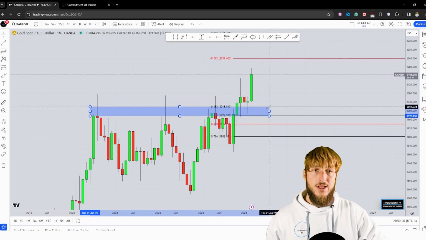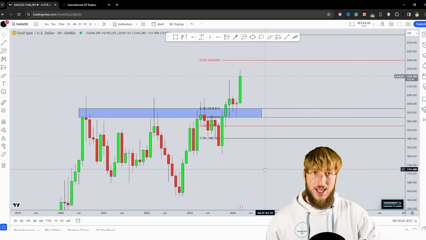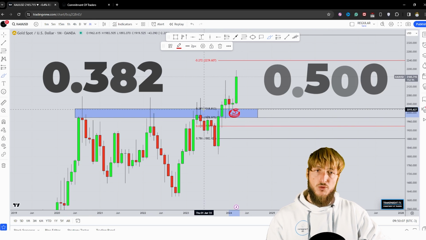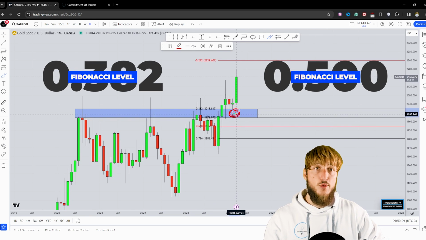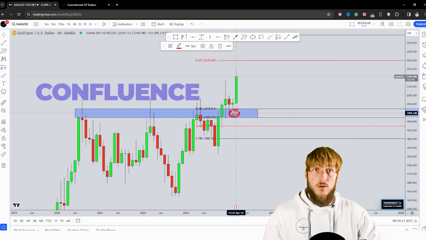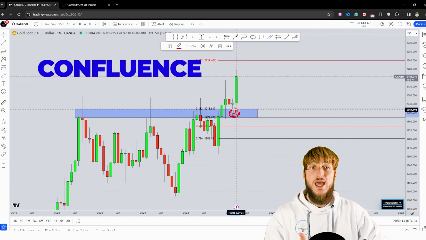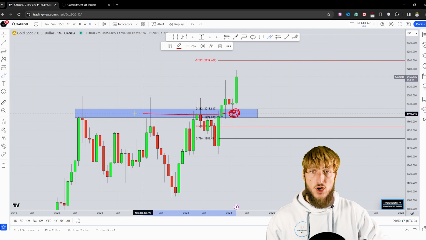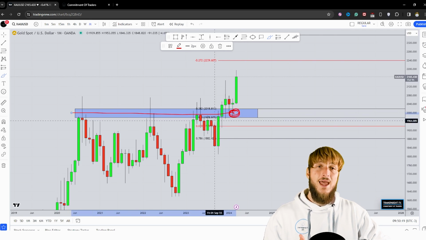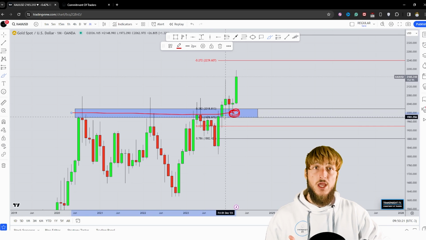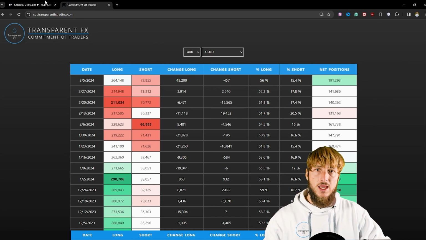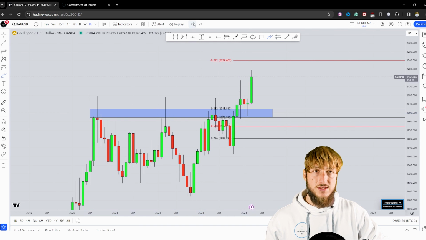And what we can see here is that the zone that the market tested and rejected was in fact exactly the area in between the 0.32 and 50% Fibonacci retracements, which is a confluence of support zone because we had the Fibonacci level exactly in the same area of price of the previous resistance turned support. And inside of a confluence of support area, you would expect to see more institutional longing. And we will be speaking about institutional longing in just a few minutes as we progress with the analysis.